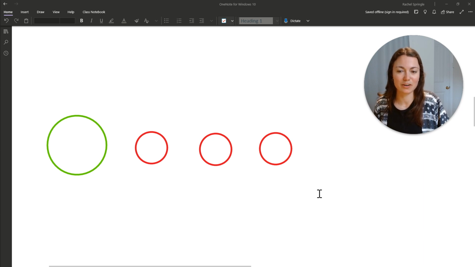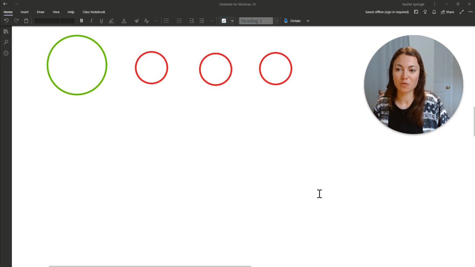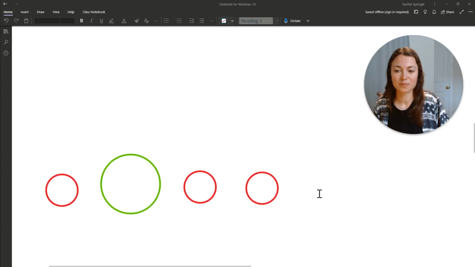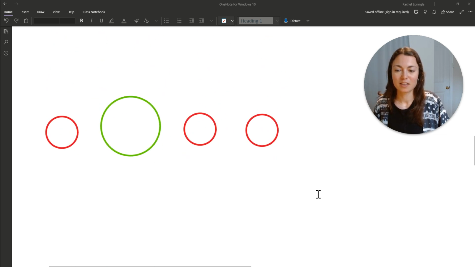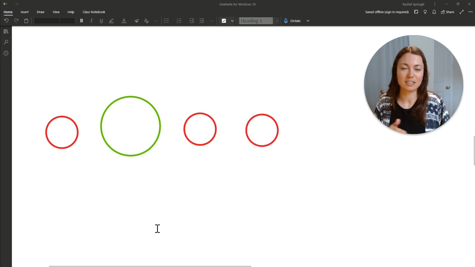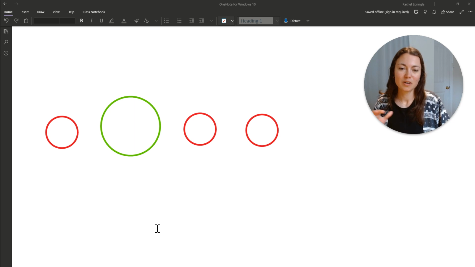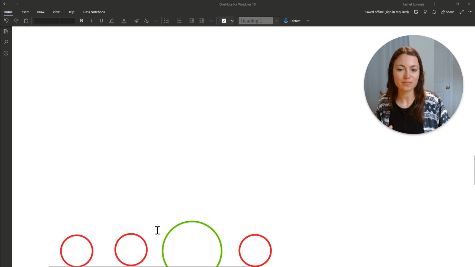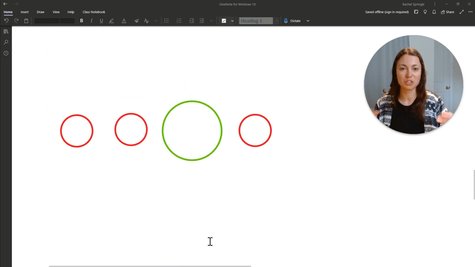Here's another stress pattern that we see with 4-syllable words. This one, instead of da, da, da, da, we have da, da, da, da. What happens if we move the stress to the 3rd syllable? Same thing happens. We reduce the other syllables and that 3rd syllable gets louder and longer.